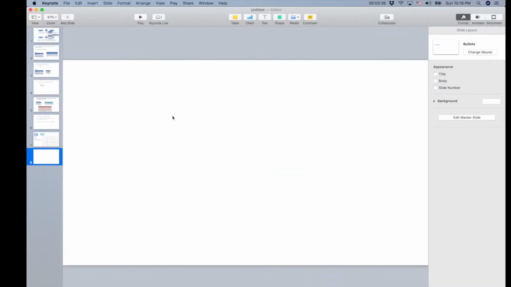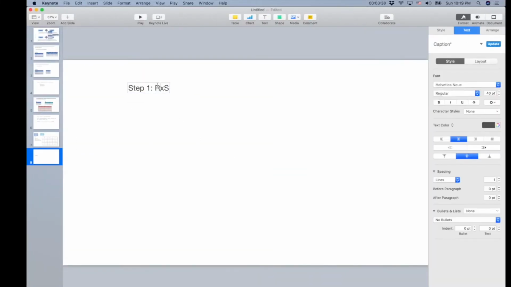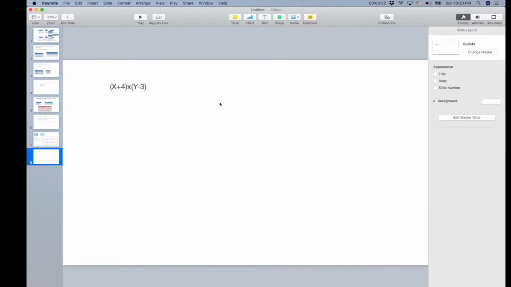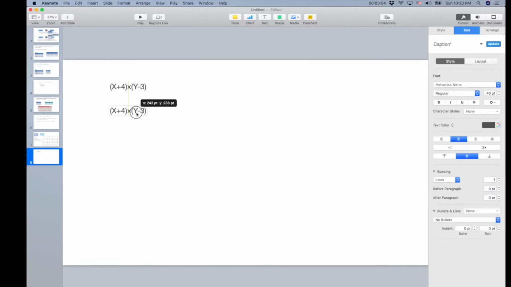So what does this mean? We have the expression (x plus 4) times (y minus 3). This is the expression we want to represent. We can represent it in three ways. The first one is a sequence of assignment statements.